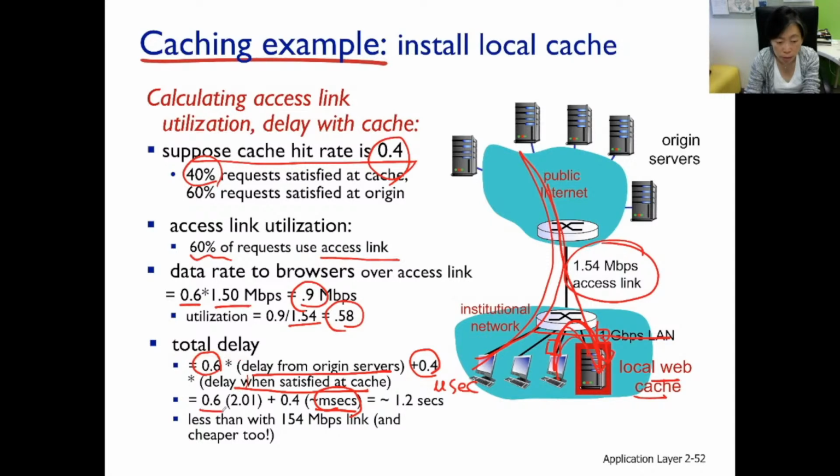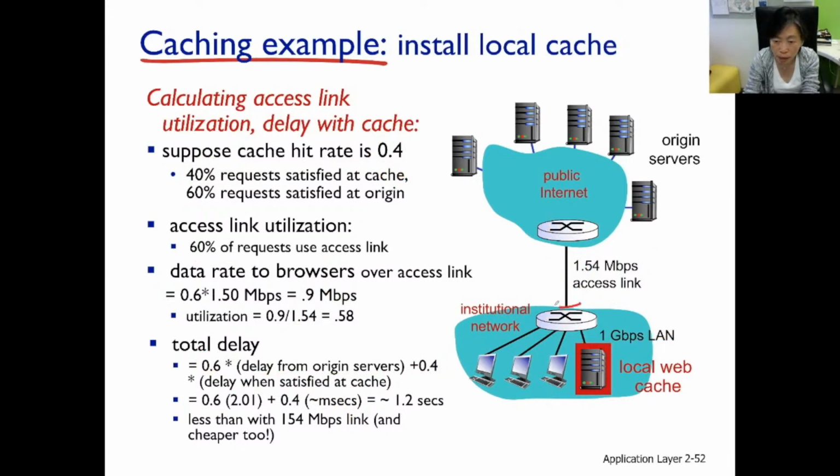Now, for the 60%, we'll have to go out and back, right? So this is very negligible. This part is the key component. This part, 2 seconds, we know for sure. So what's remaining is just the delay here on the access link with 58% utilization. Well, how much delay is this?